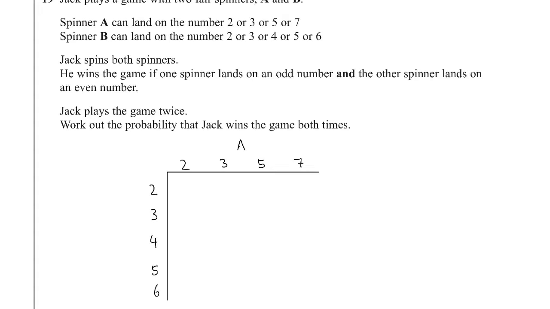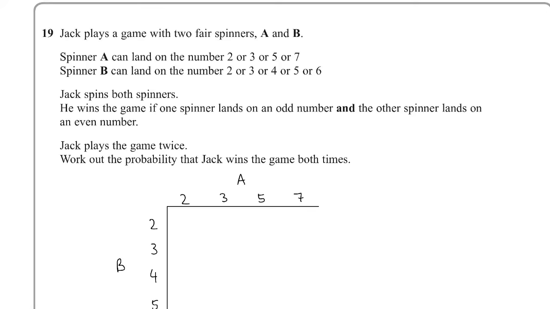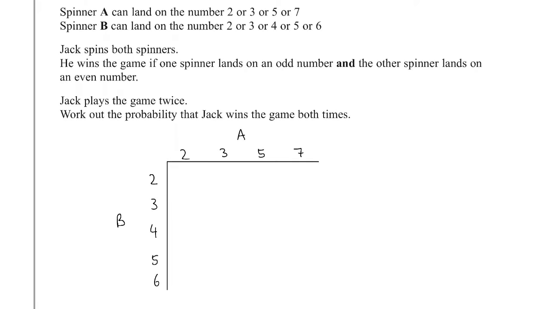This is spinner A and spinner B. It is crucial to realize that because we have fair spinners, all of the outcomes are equally likely to occur. So I will just put crosses here, so that we see that there is a total of 20 possible outcomes.